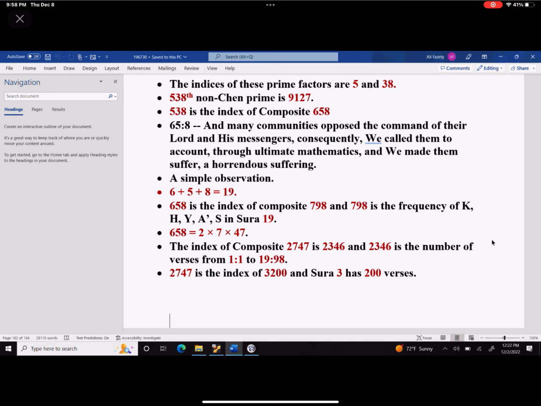Amramite was the clan of Mary. So you can see the literal structure, how similar these two surahs are. And God is telling us about the signs that we cannot even imagine of how it's done.